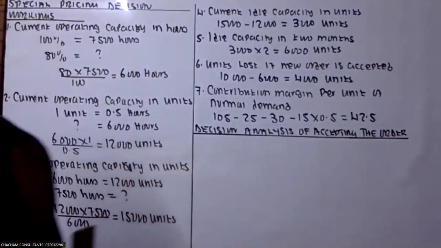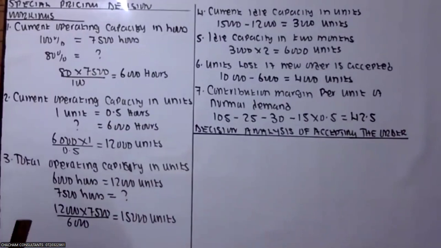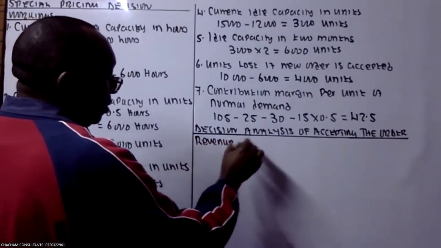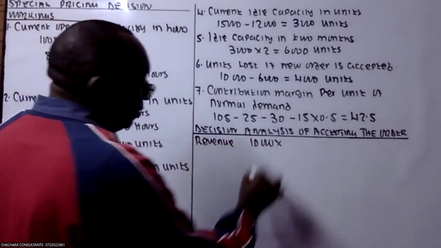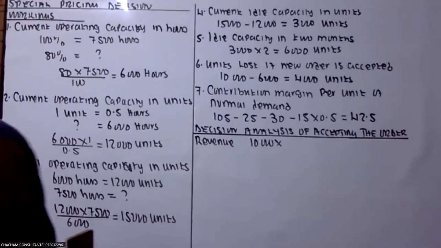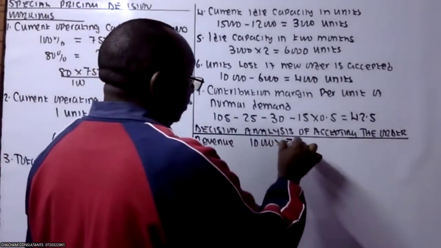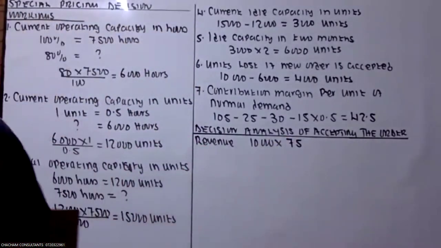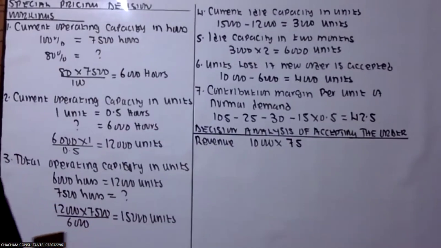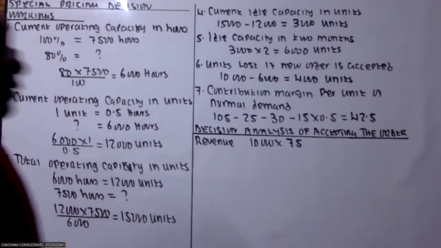If the order is accepted, first we have the revenue. These guys are coming to buy 10,000 units at a price of 75, so revenue is 750,000.